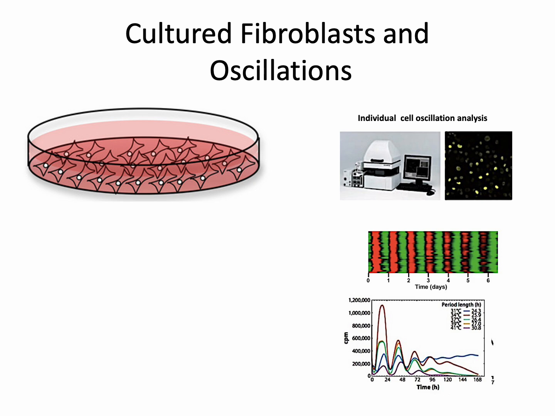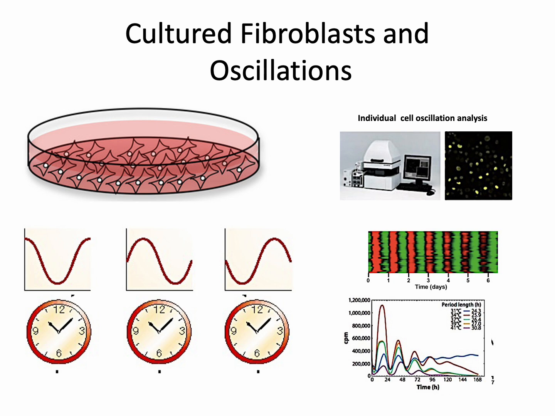Now, talking about skin fibroblasts as a proof of concept that virtually all individual cells of humans have their own self-sustained internal clock, human skin fibroblasts taken out from the body and kept in culture display robust oscillation, as seen here with individual cell oscillation analysis.